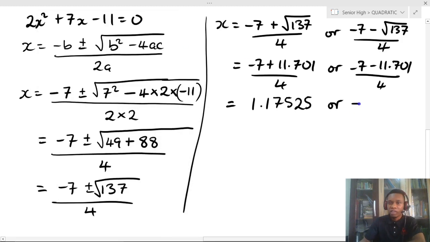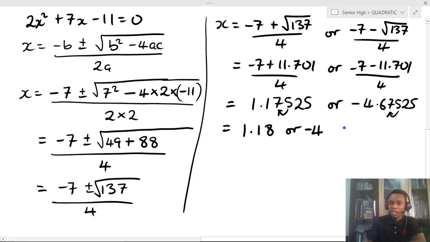So it is minus 4.67525. Okay, since they say our answer should be in 2 decimal places, approximating here will be 1.18, and here, 4.68 with the minus sign, and that's the final answer, and we're correct.